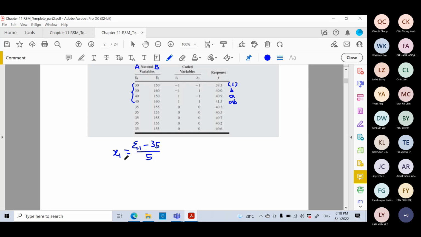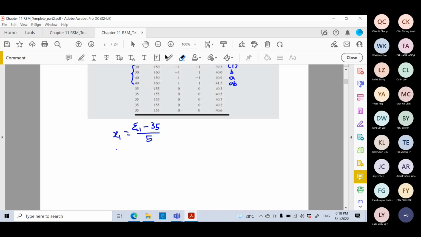So there are 3 possible values for X1: it can be -1, 1, or 0.